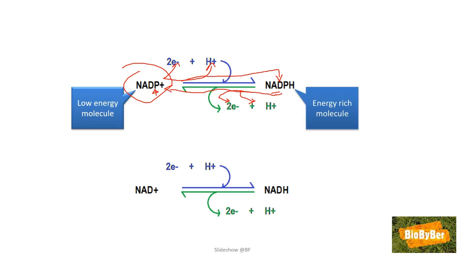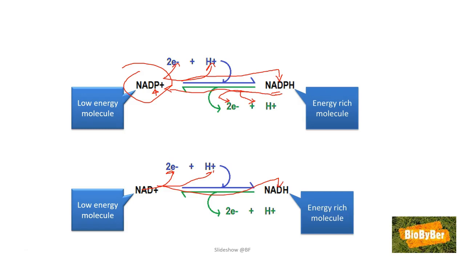Again, this interconvertibility, where the 2 chemicals can be converted from one form to another, is vitally important to understand in photosynthesis. We have the same scenario in respiration. The NAD+, which takes part in respiration, is able to pick up 2 electrons and a proton and be converted into NADH, which is a high energy molecule.